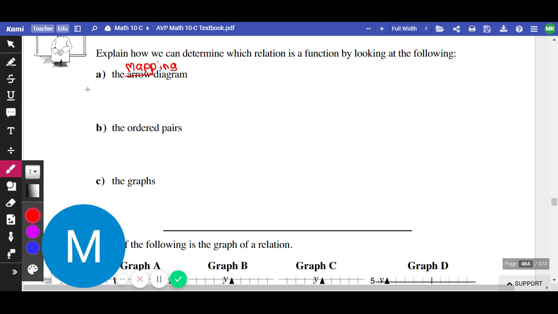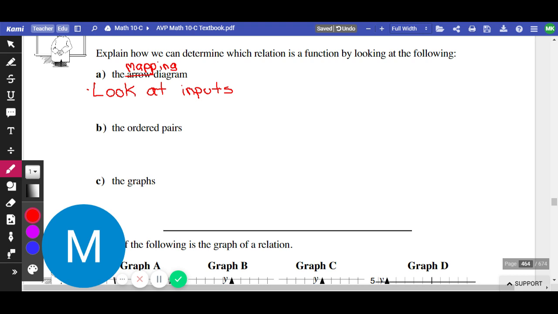In words, how can I check if a mapping diagram is a function? I'm going to look at the inputs. Look at inputs. That means the arrow's coming out.